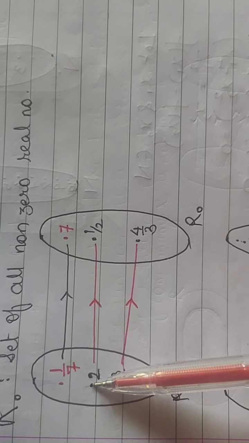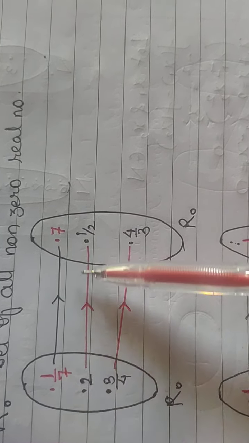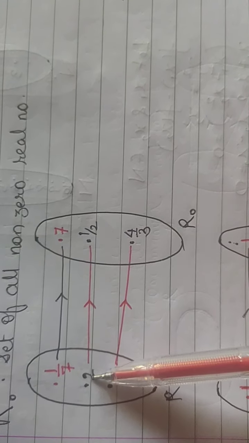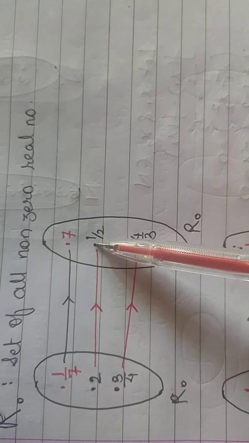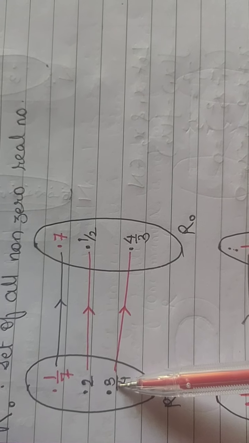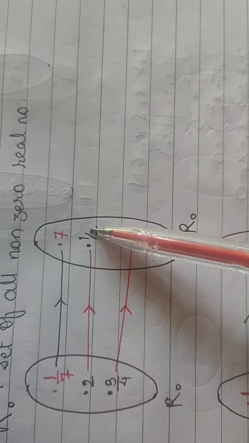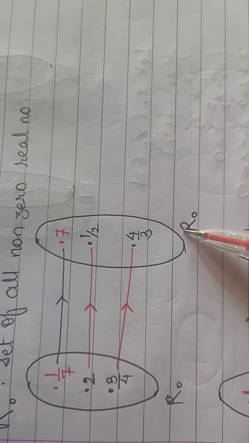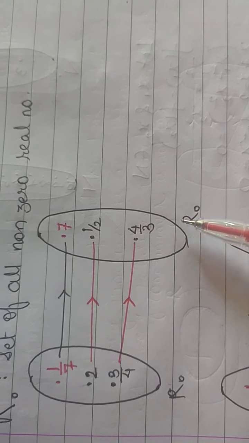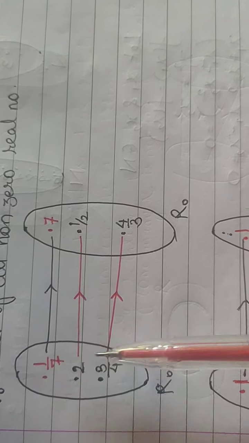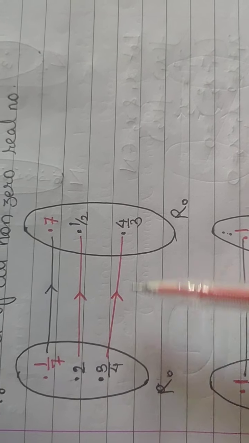If we consider the element 2, its reciprocal is 1 by 2. We can relate this 2 with 1 by 2. Image of 2 is 1 by 2. Then image of 3 by 4 is 4 by 3. So every element in the set R0, that is the codomain, has a pre-image in the domain set.